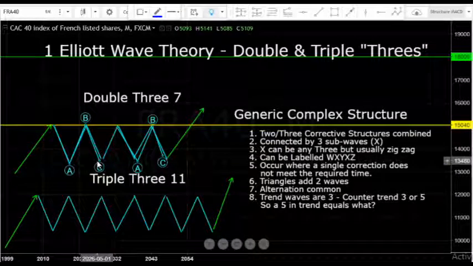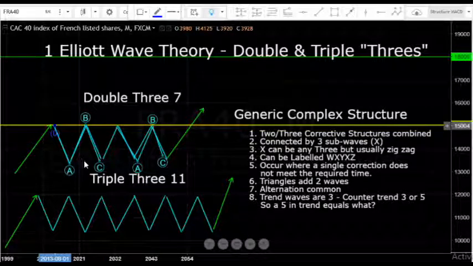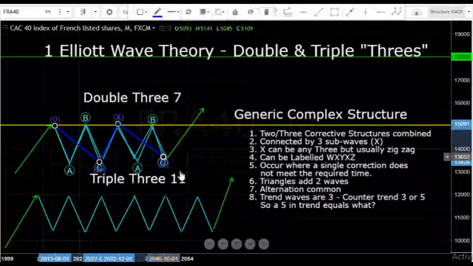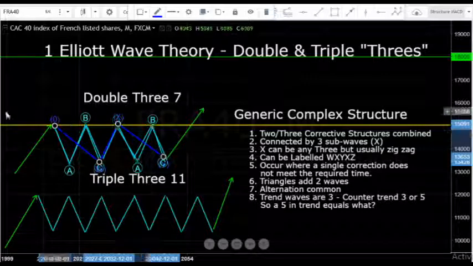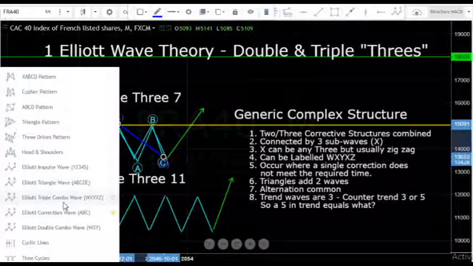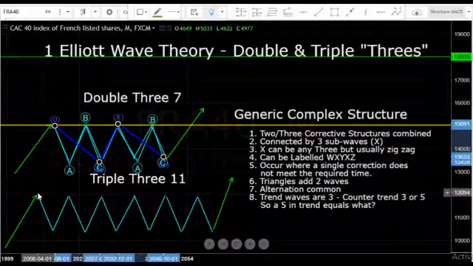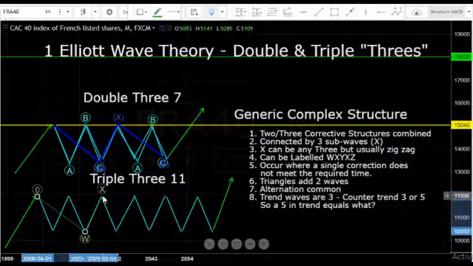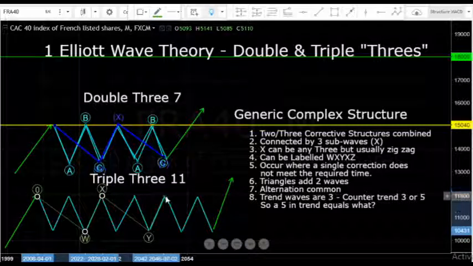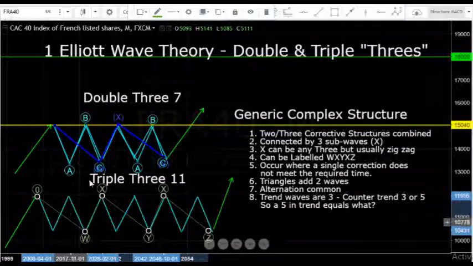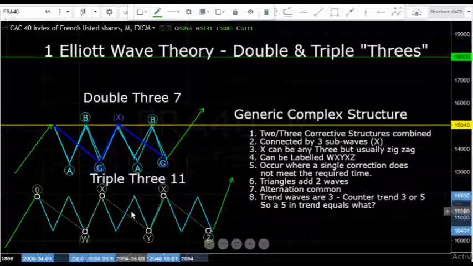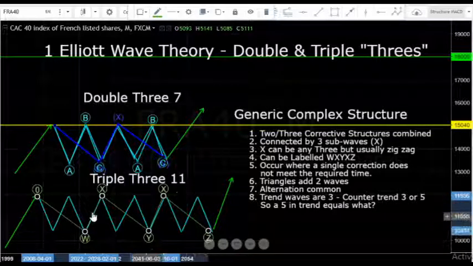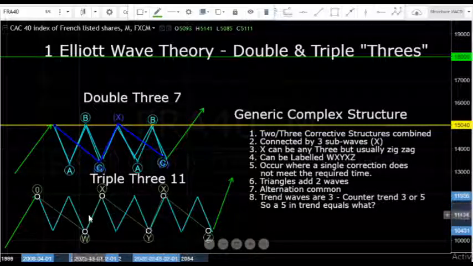Instead of calling this ABC, X, ABC, they said, well, let's just call the first ABC W. We'll call the connecting wave X, and we call the next one Y. And using that same terminology, where we have 11 waves, in other words, 3 structures connected to one another, we can have W, X, Y, X, Z. So where we have a triple three, we have 3 corrective structures named W, Y and Z, linked by X there and X there.